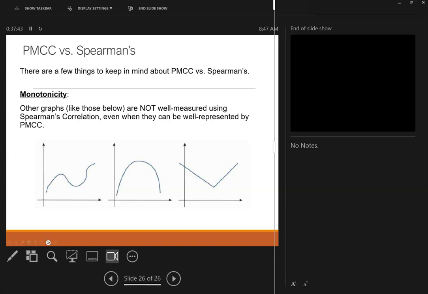So graphs that are not monotonic will do very poorly with a Spearman statistic. Things like a sine wave or a parabola or an absolute value are all going to give you bad Spearman statistics, even in the case where they might be well represented using a Pearson.